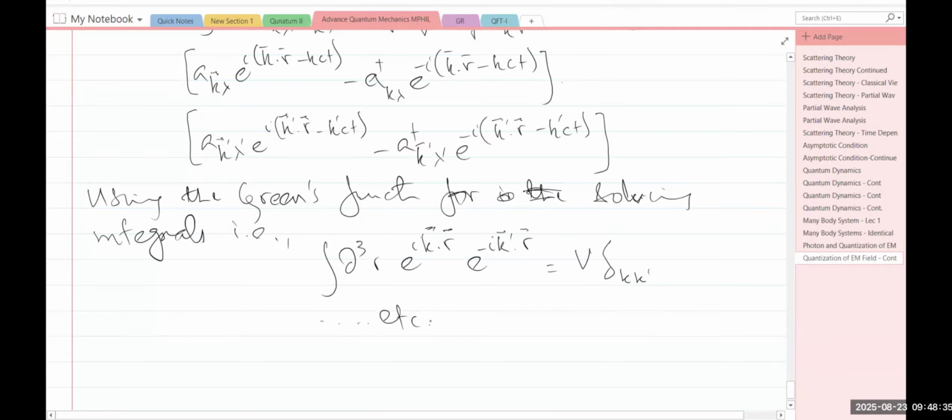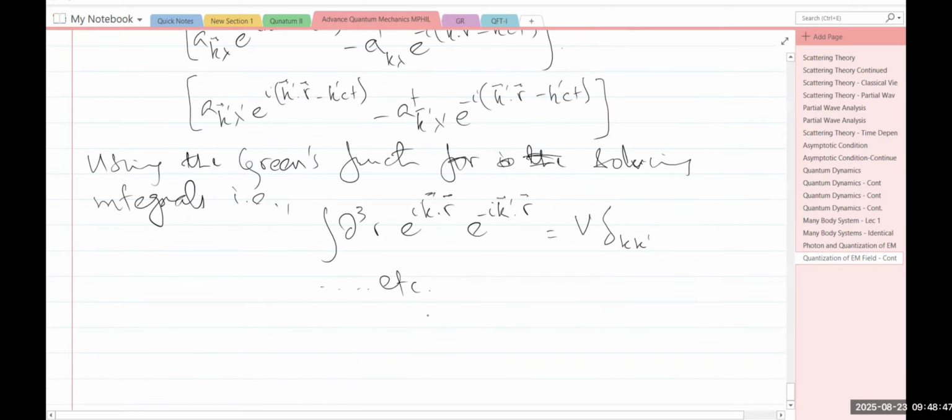Those that survive, due to the factors which are basically cross triple products, would be equal to plus k.